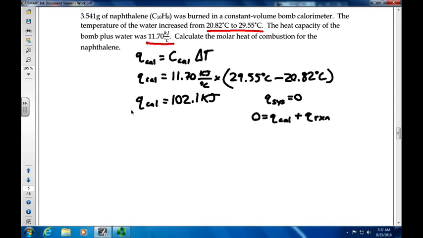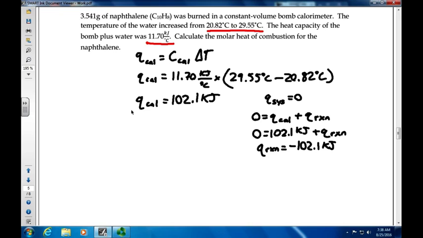If the heat of the calorimeter is 102.1 kilojoules plus the heat of reaction, simply subtracting 102.1 kilojoules from both sides, you'll find that the heat of reaction is equal to negative 102.1 kilojoules. And recall that the negative simply means that it is releasing heat rather than drawing heat in.